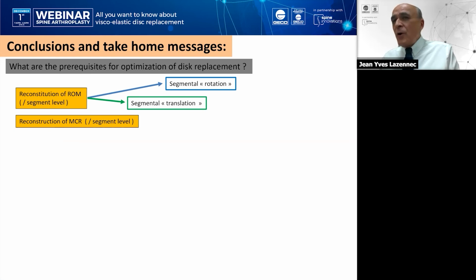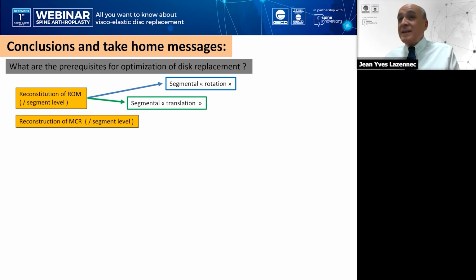We must also reconstruct segmental translation, but the translation measurements we do are sometimes difficult to interpret because we have a combination with transverse rotation. Reconstruction of the mean center of rotation is something we must analyze, but not roughly for all of the levels, but independently, level by level.